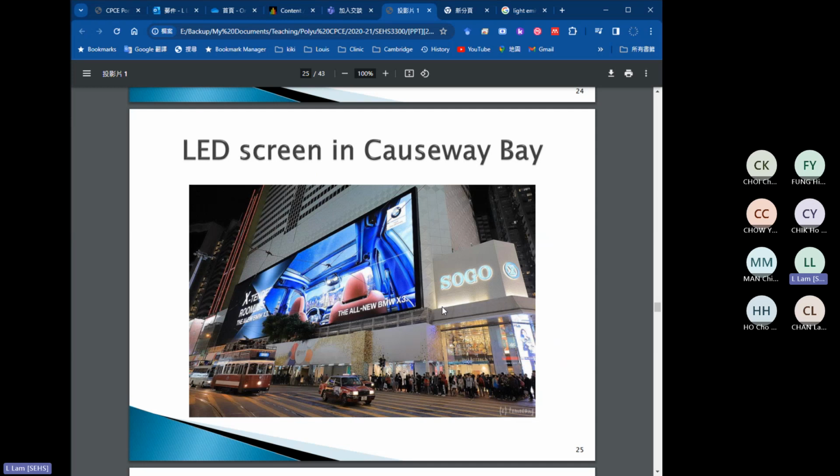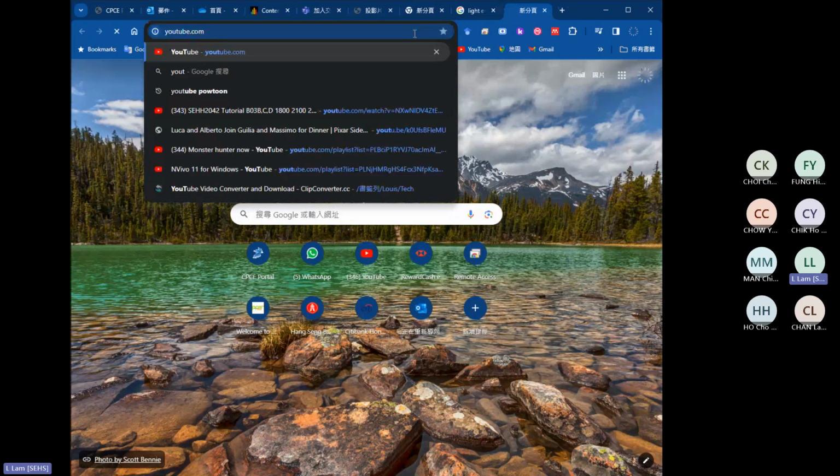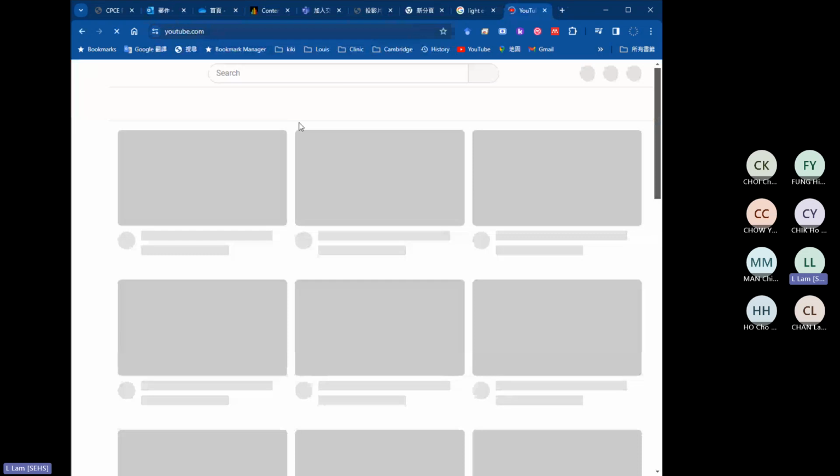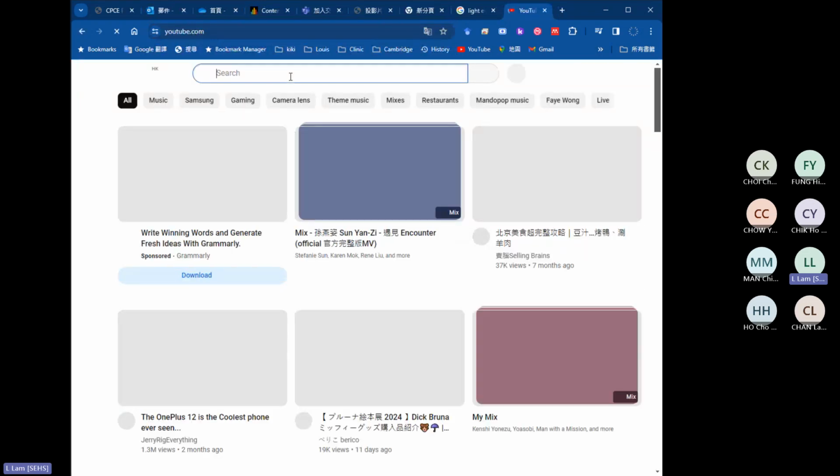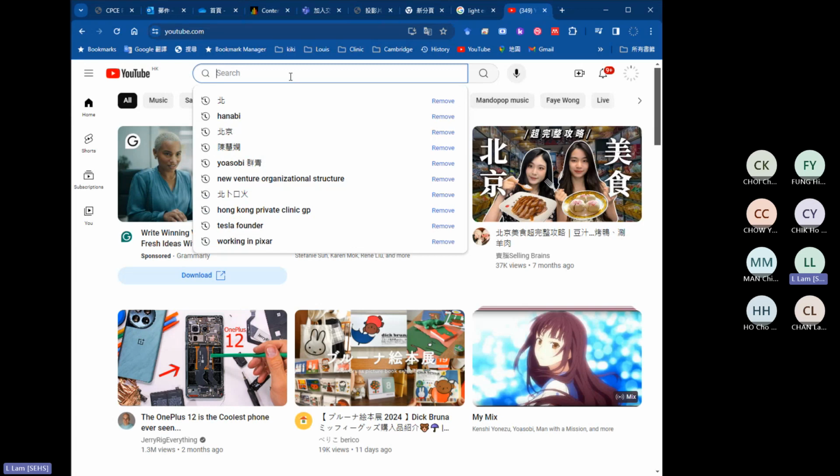Nowadays the screens have been developed such that they generate some VR effects, and usually this kind of screen is put around the corner of a building. Maybe I can share with you some obvious examples nowadays in Japan.